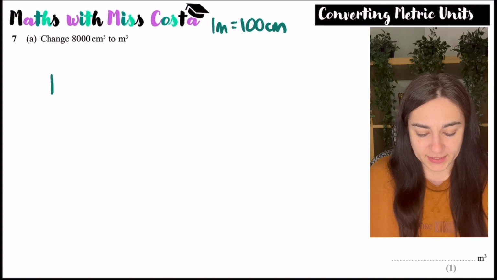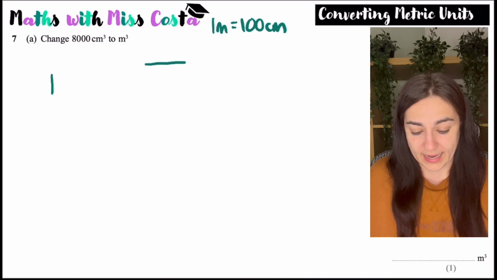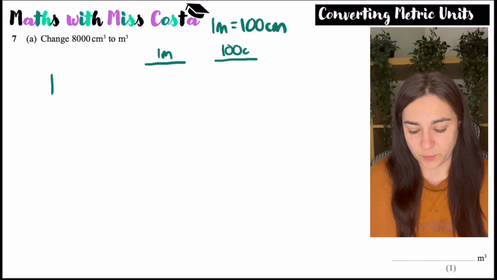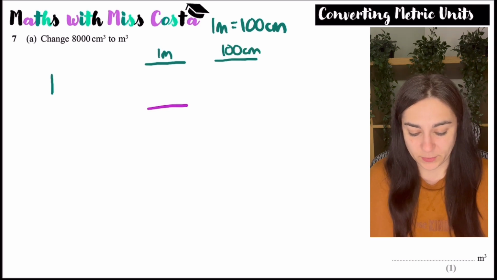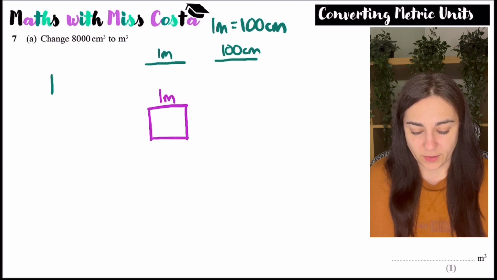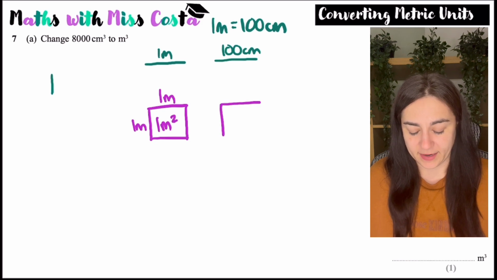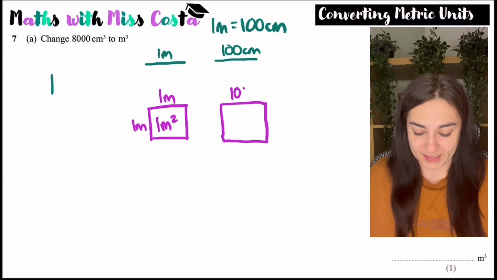So if I just think about lengths to begin with, 1 meter is equivalent to 100 centimeters. But that's only when I'm dealing with lengths. When I deal with area, it gets a little bit more complicated. So if I think about it, 1 meter by 1 meter gives me 1 meter squared. But in centimeters, 1 meter as a length would be 100 centimeters.